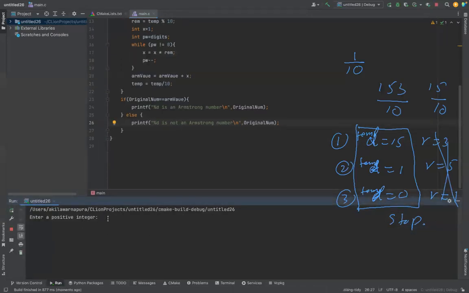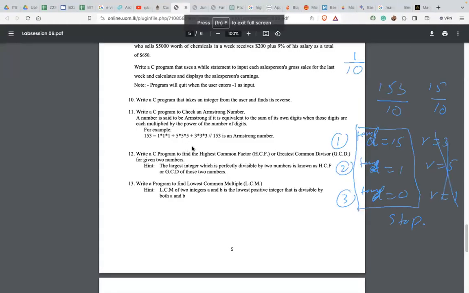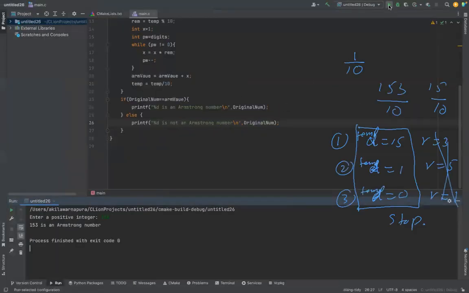Enter a positive integer. Let's say 153. 153 is an Armstrong number. You know that example. This is an Armstrong number. Let's put a different one. Let's say 170. 170 is not an Armstrong number.